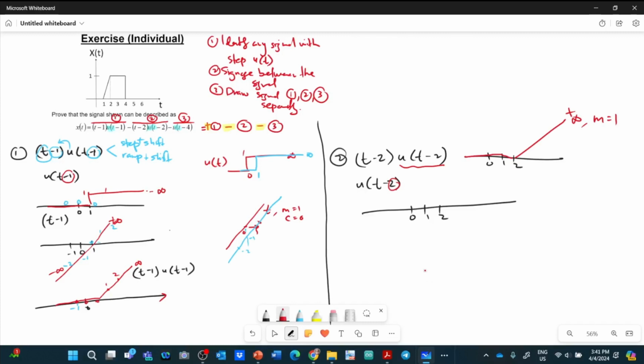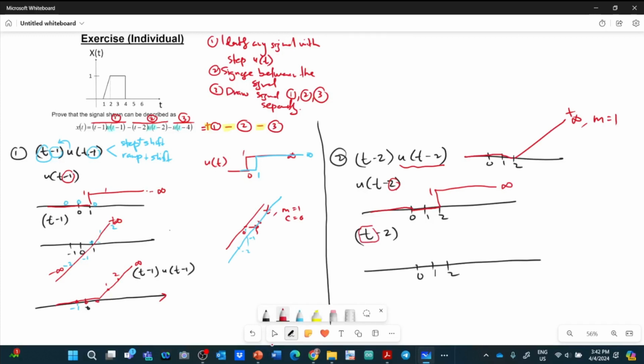So u t minus 2 means you have a step input shifted to the right side. So t minus 2 until infinity, with amplitude 1. Another signal is this one, t minus 2, the same concept as the first one. You have 0, 1, 2, whereby you see here that you have the ramp.